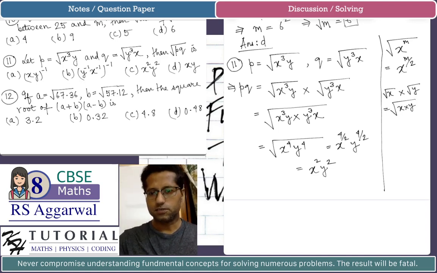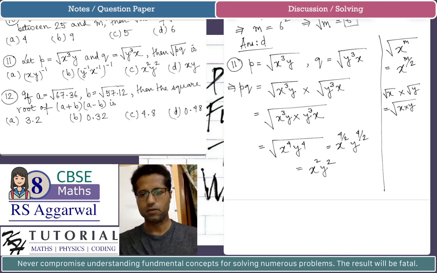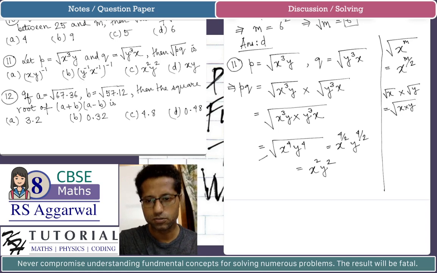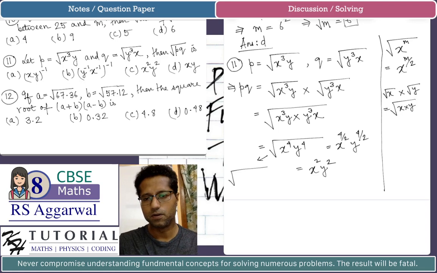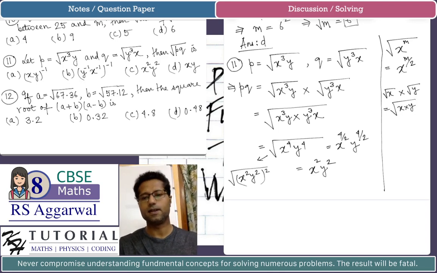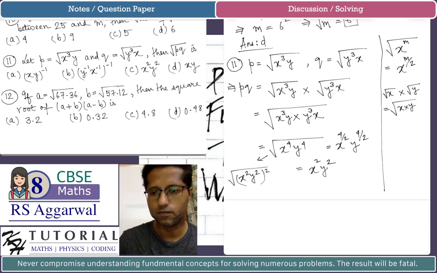Now instead of writing the square root of x to the power 4 into y to the power 4 as x to the power 4 by 2 and y to the power 4 by 2, you can also express this as x square y square, and this whole square, and then you can say that its square root will be x square into y square.